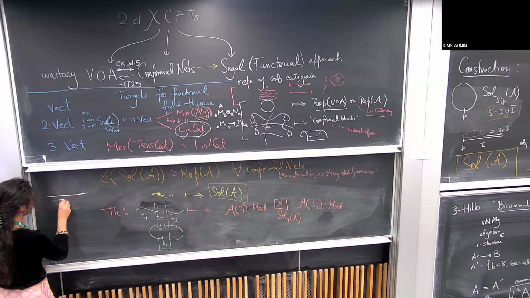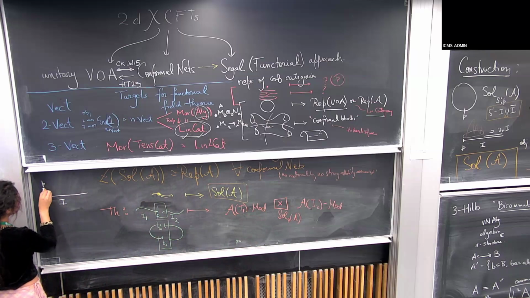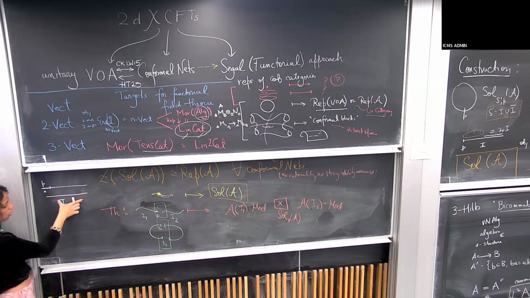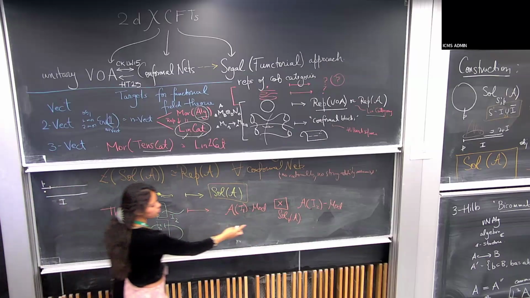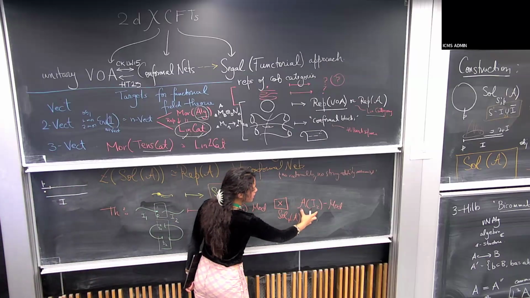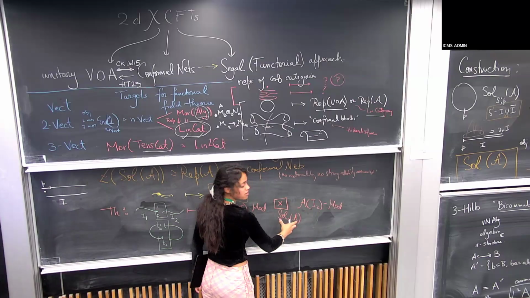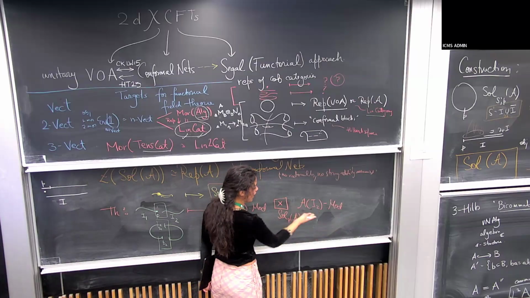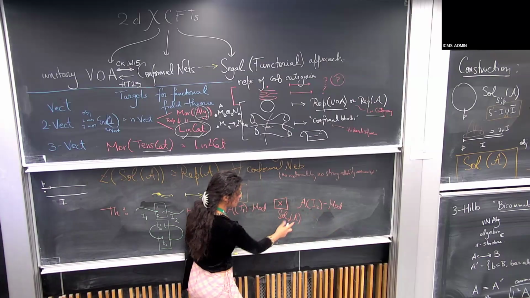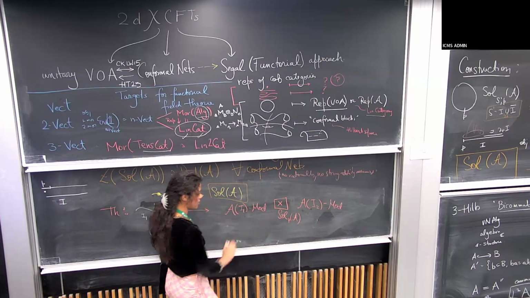So this was some interval I, and this was the point P. The solitons were the endomorphisms of the algebra that were trivial away from the point. So I can extend that all the way to the interval and then just compose. And that is how this action works. So this is an endomorphism of this algebra, but a nice enough endomorphism, and that's how I get these actions on both sides.